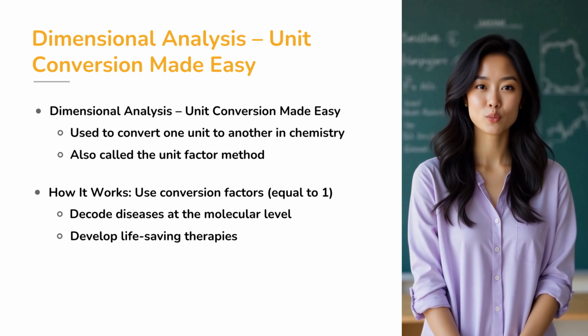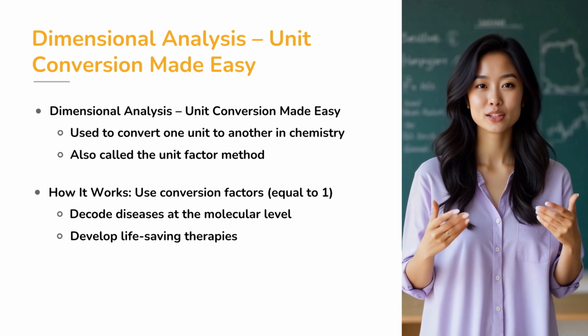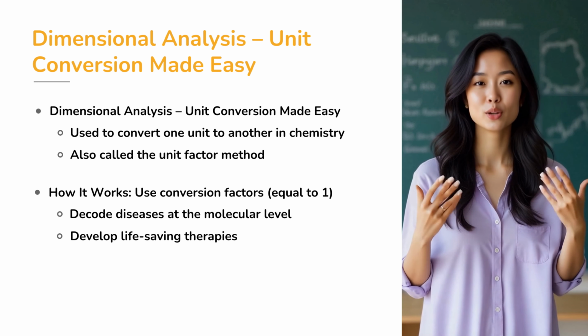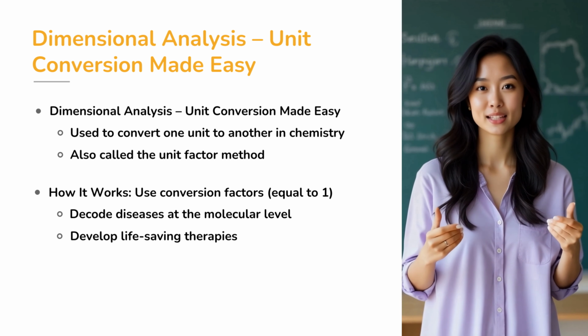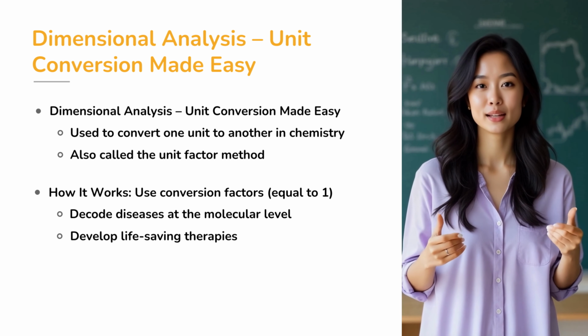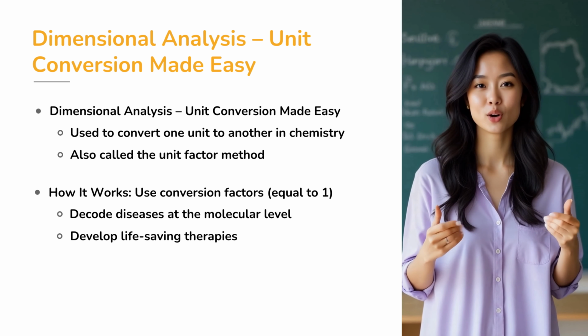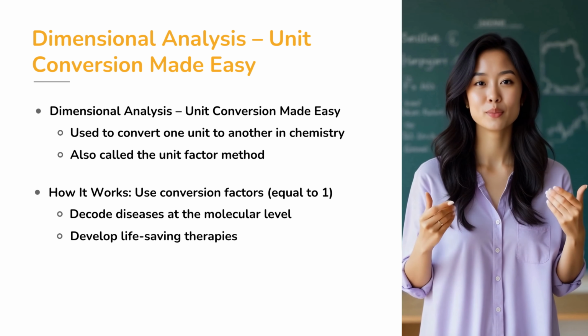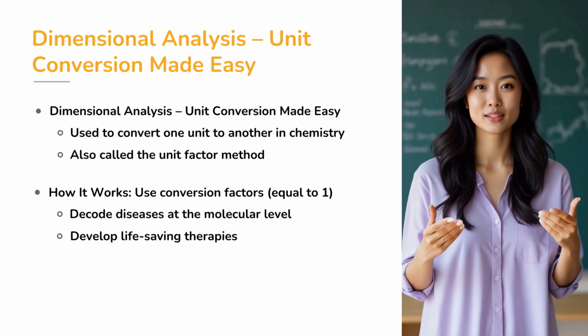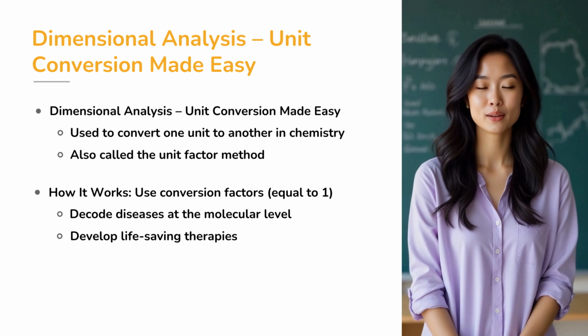In chemistry, we often need to convert one unit into another, and for that, we use something called dimensional analysis, or the unit factor method. It's simple, logical, and powerful. You apply conversion factors, ratios that are equal to 1.